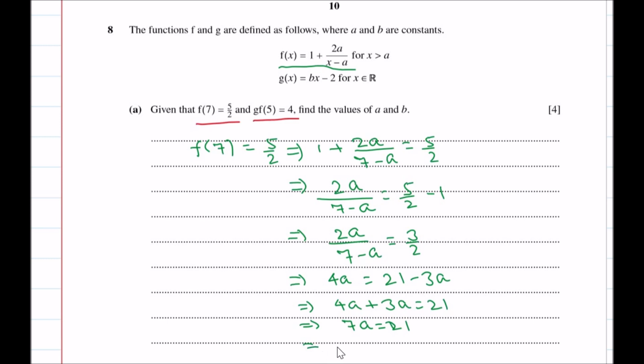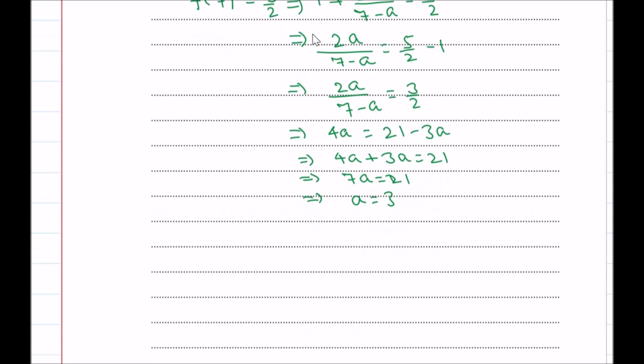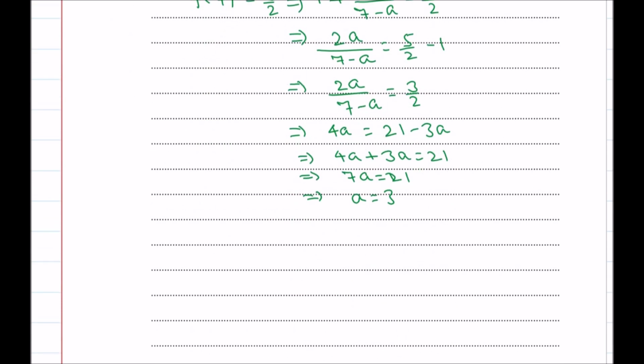This implies that a equal to 3. So a equal to 3 we got, and this is one of the answers. So let us put it in the box, a equal to 3.